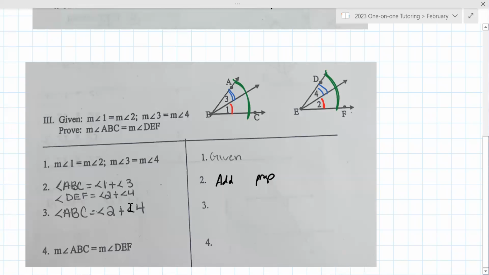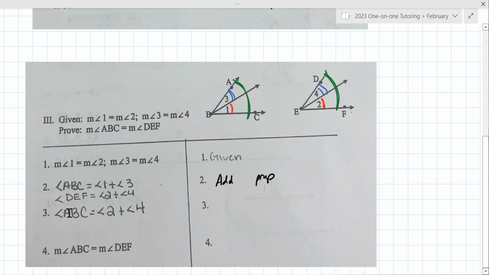Okay. Now the last one. DEF is 2 and 4. I'm just trying to figure out what's going on here. It seems like they're missing a step actually, but we'll just assume this is okay.